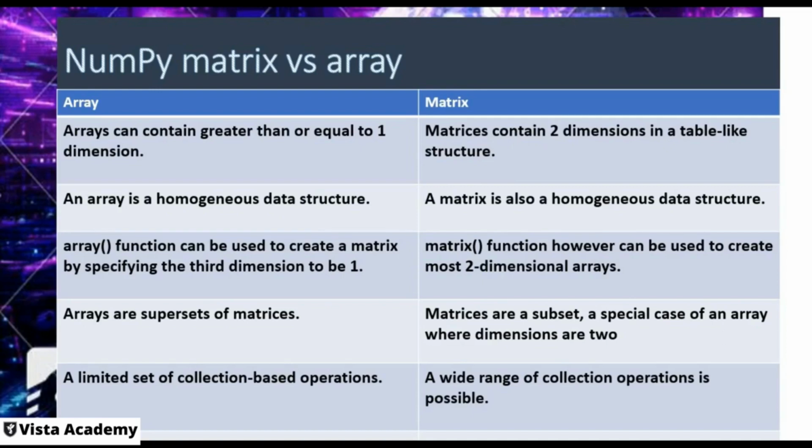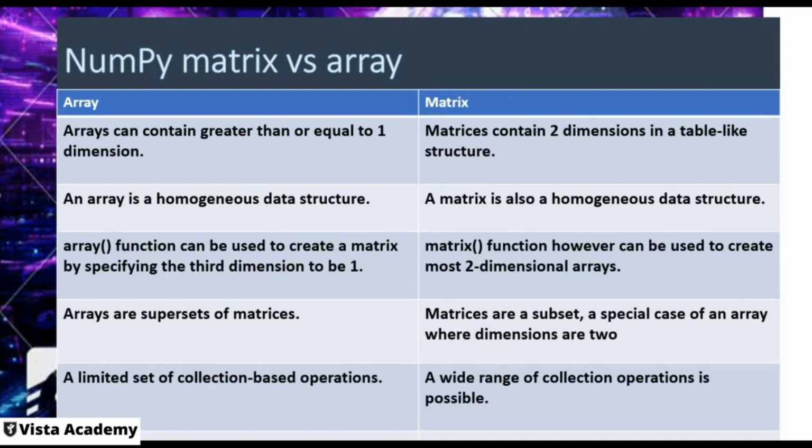It is homogeneous, like the elements are of the same nature, and similarly a matrix also has a homogeneous data structure, with elements that are very similar to each other. To create an array we use the array function, whereas to create a matrix we use the matrix function, and we can have a 1D array, whereas we only have a 2D matrix.